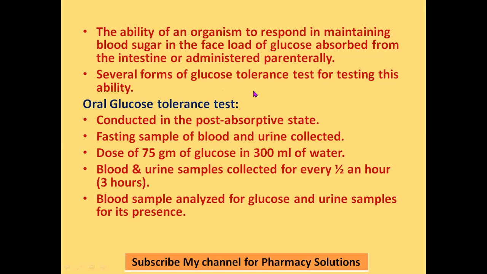You can define GTT as the ability of an organism or person to respond in maintaining the blood sugar in the face of a load of glucose absorbed from the intestine or administered parenterally. When you give this extra dose of glucose, you check the response of the body.